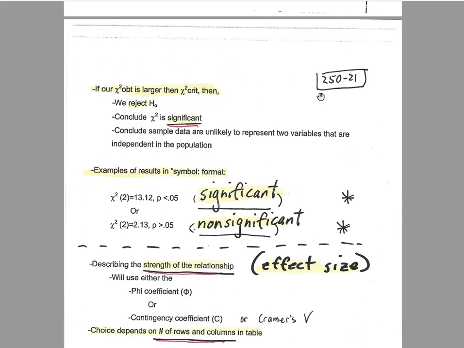I'm still on page 250-21. We've now segued to a different topic, describing the strength of the relationship between the 2 variables, describing the effect size.